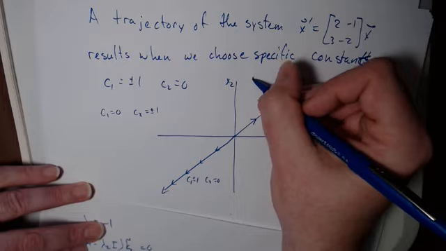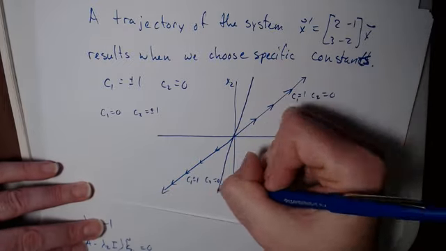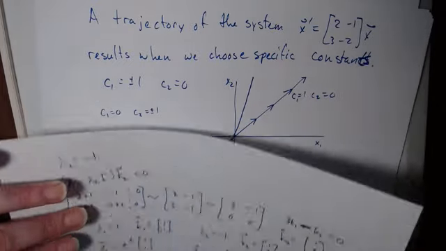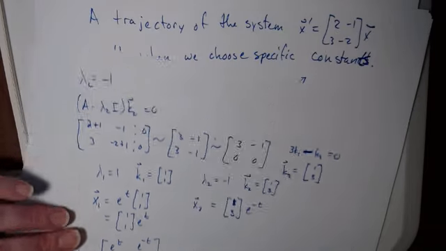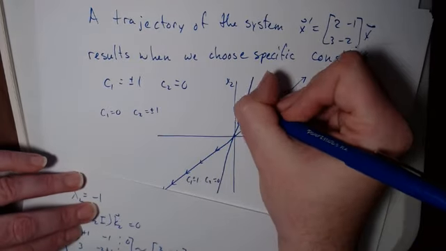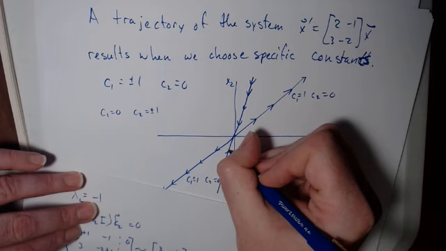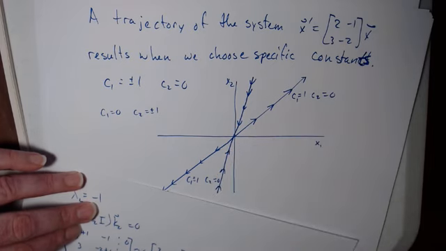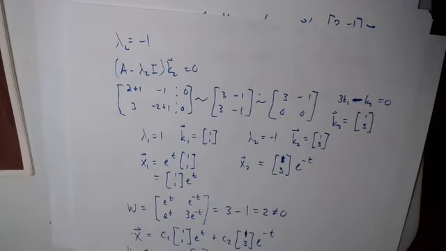So we'd be something like this, the line y equals 3x, except e to the negative t. So as t increases, we get closer to 0. So those are two very simple trajectories for this system. Solutions, in this case, that are on lines.